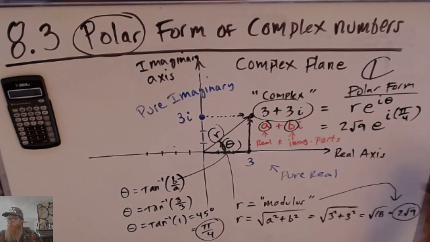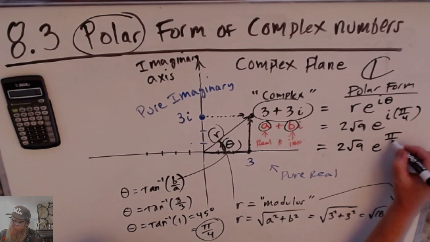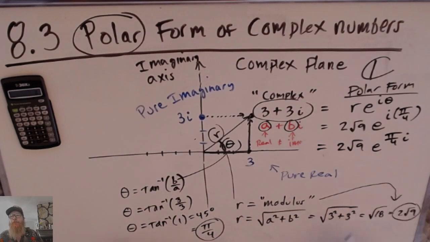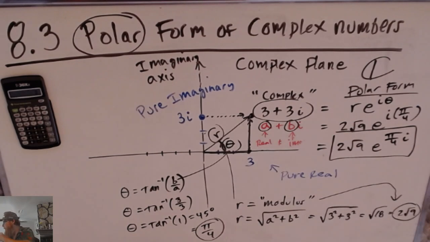And we usually just write pi over 4 i, put the i last typically. So that would be the polar form of this complex number 3 plus 3i.